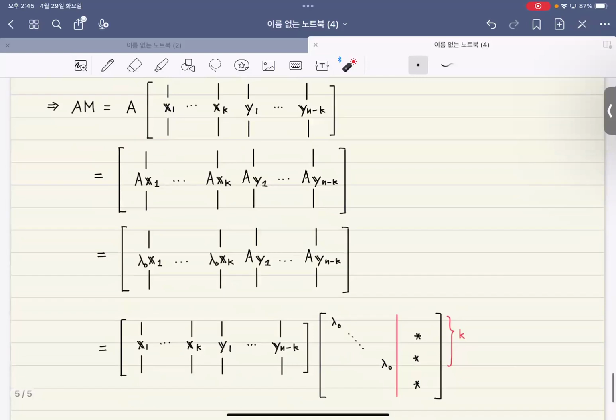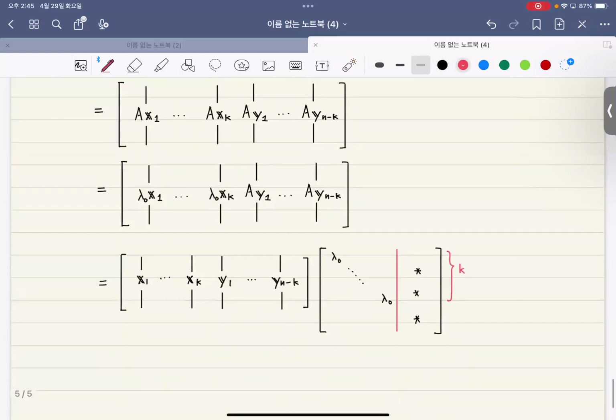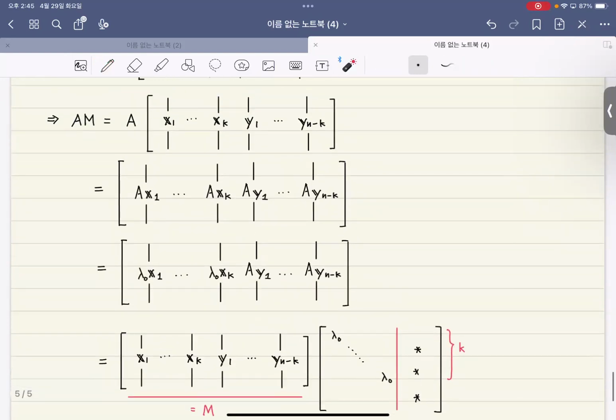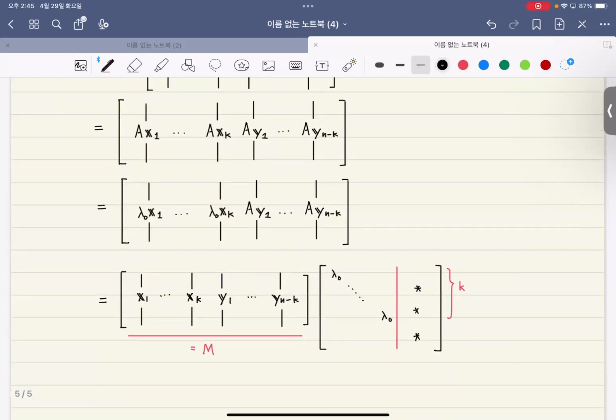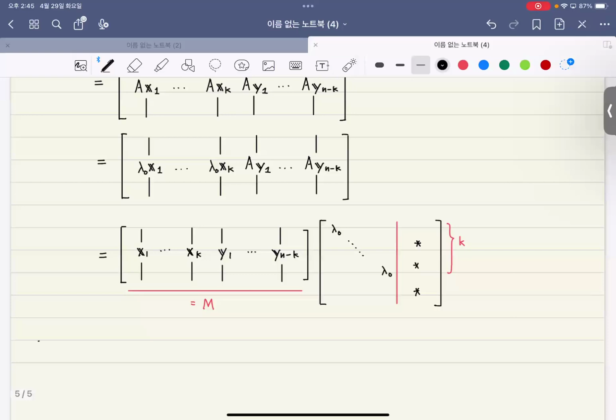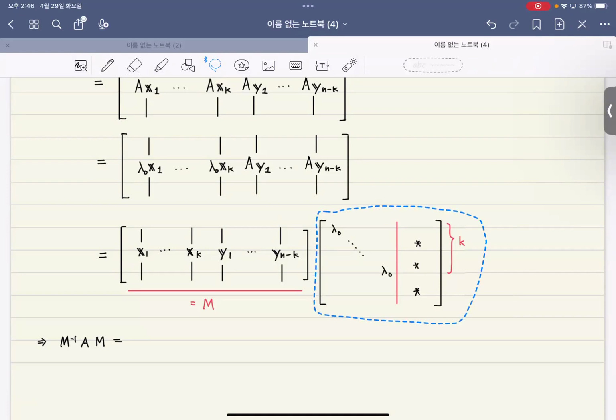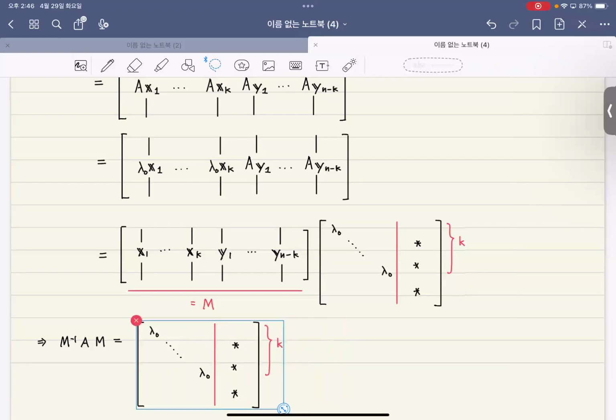And this is M. So it turns out M inverse AM is this matrix.